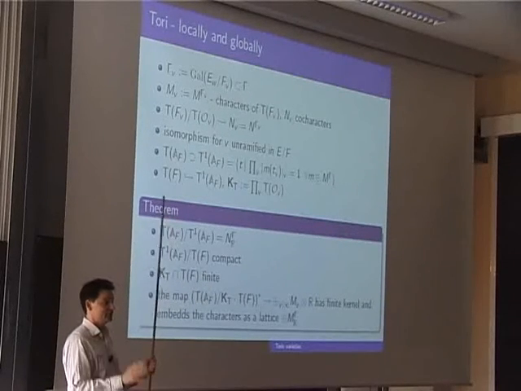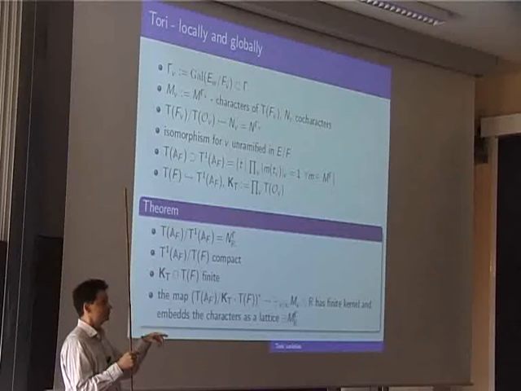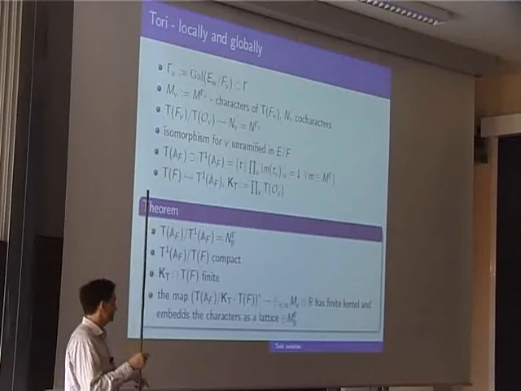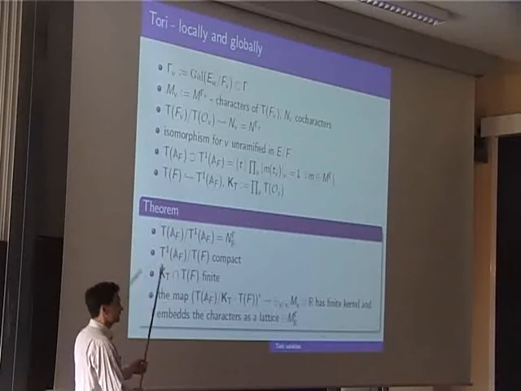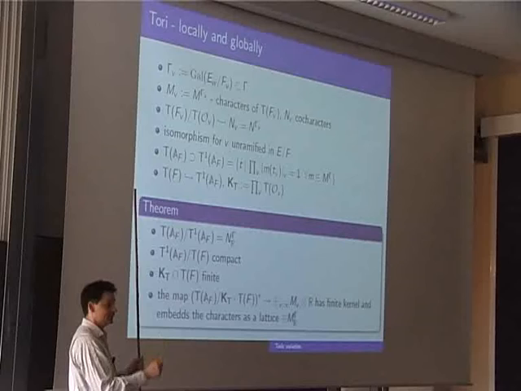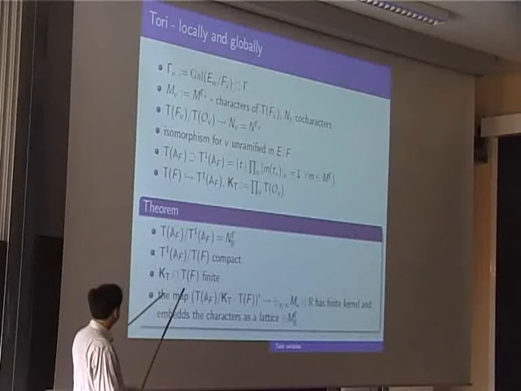In the classical case G_m, you have G_m of Q modulo the compact, and then it's plus or minus 1, and in the general case, it's the units.